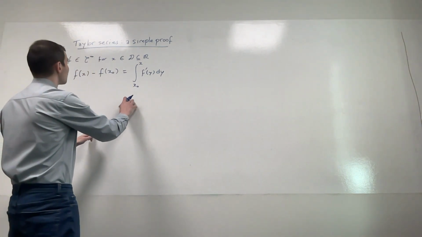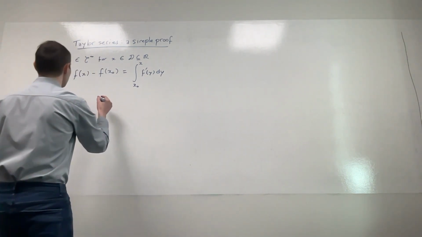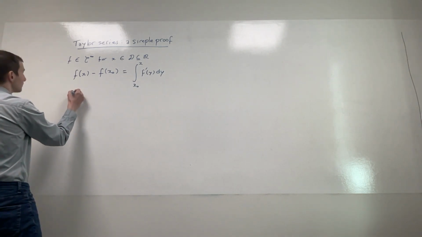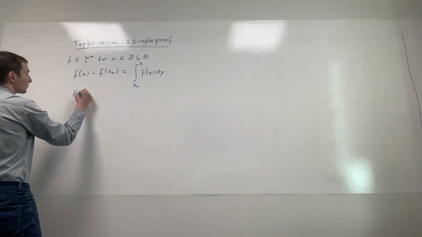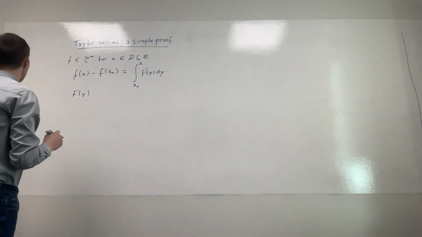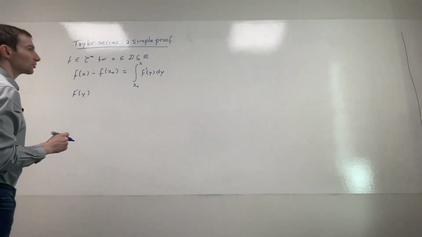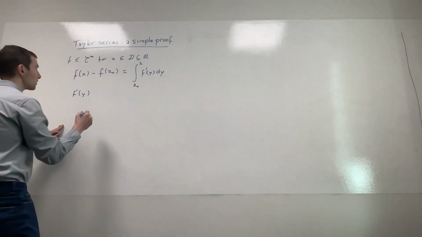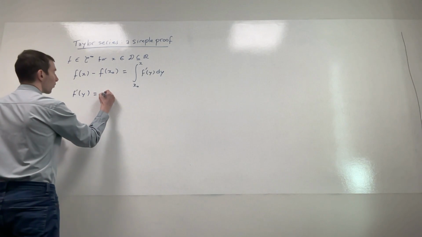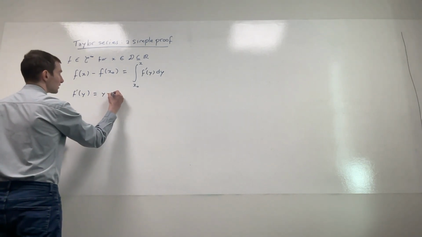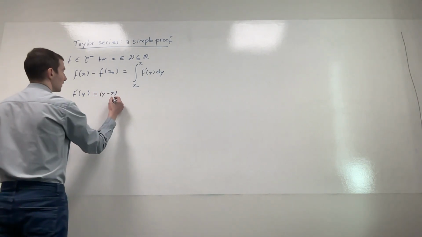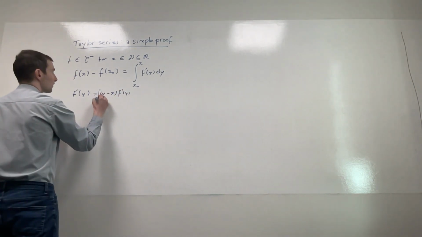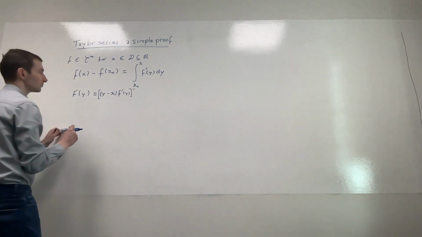So maybe I can put it as an aside. I'm going to say, well, f prime of y, I can always write this as being (y minus x) and then f prime of y, but then prime.